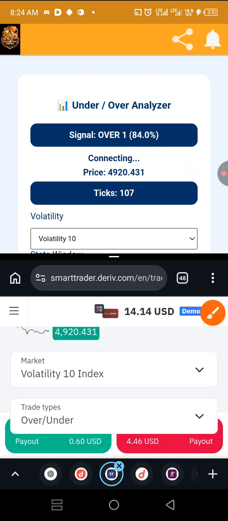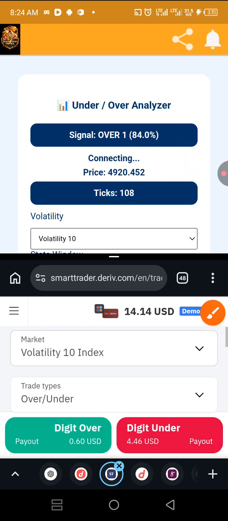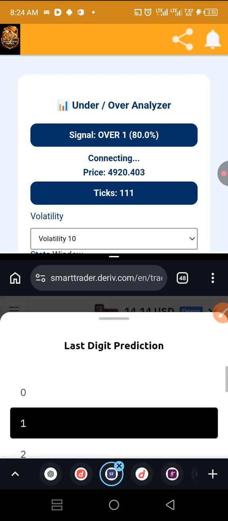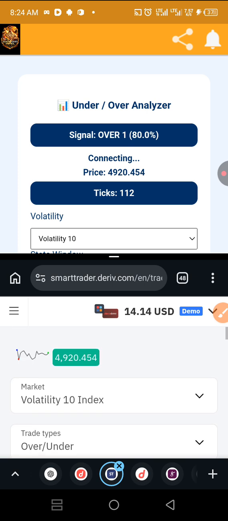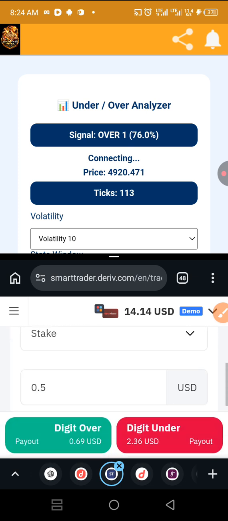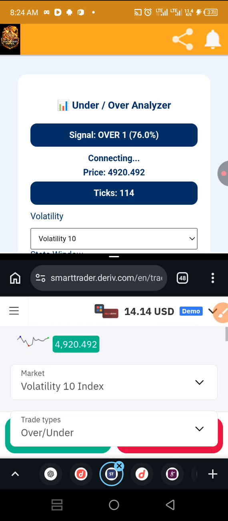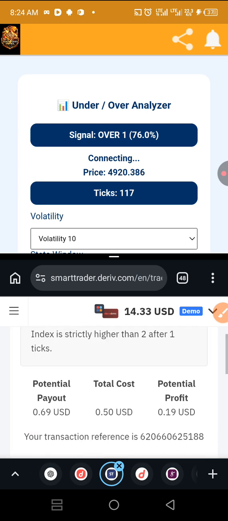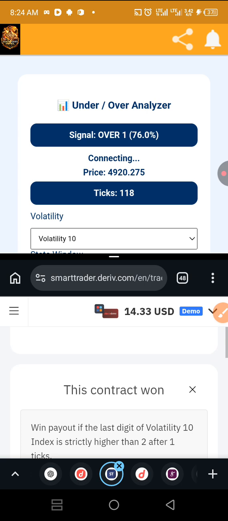Since we are trading over 1, the same principle applies to over 2. So let's switch to over 2, and you see the risk will increase and the profit will also increase. Let's wait. 0, 9. Let's see, we have 6.